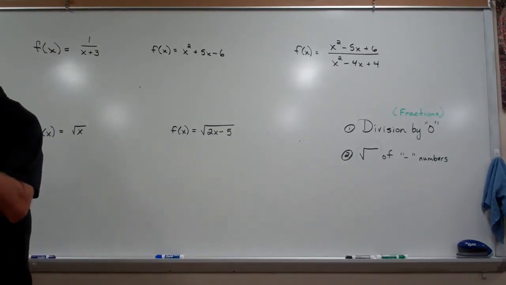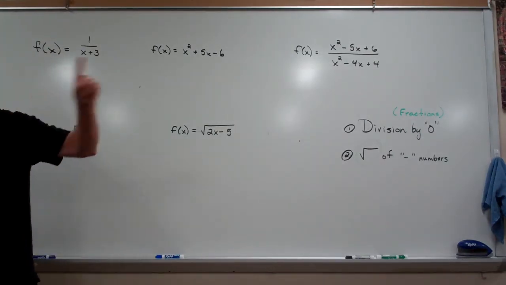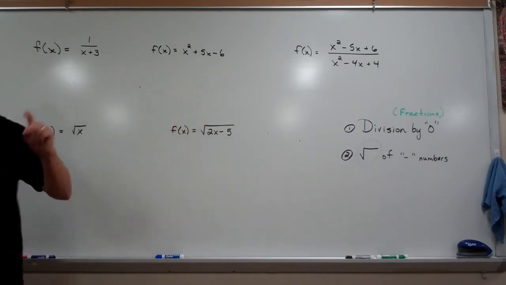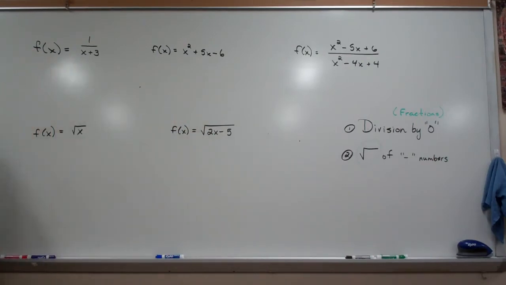To identify the domain, we're looking for two things. One, is it a fraction? For this one, yes. Is there a number that I could use that would make the bottom 0? Any number I could pick that would make the bottom 0? -3. The way you can kind of mess with it is, here's the bottom.